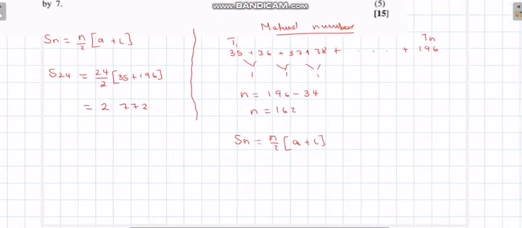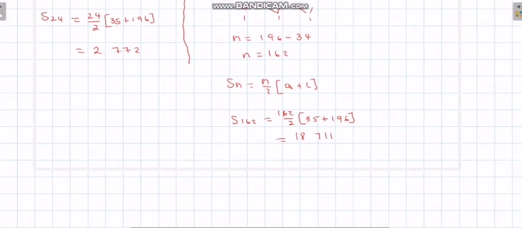Sum of 162 terms would be 162 over 2 into our first term, which is 35, plus 196, which is still our last term. Let's calculate. Our answer is 18,711.